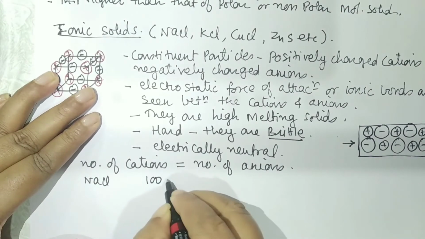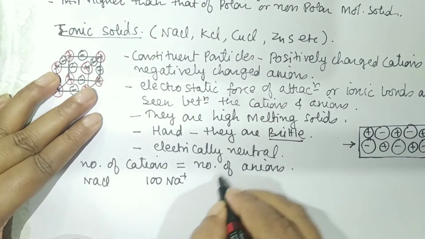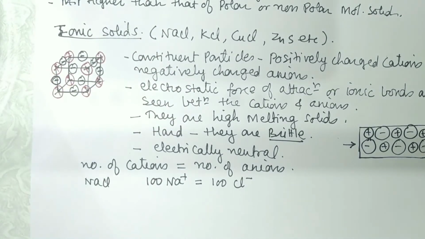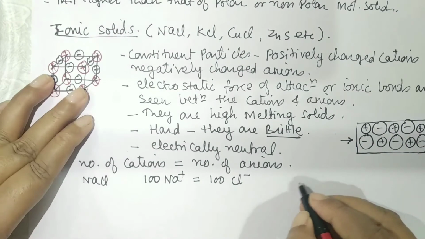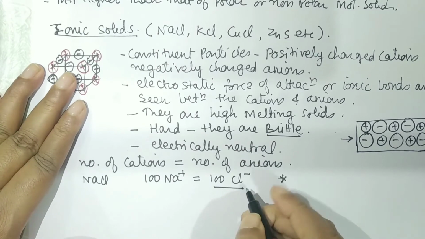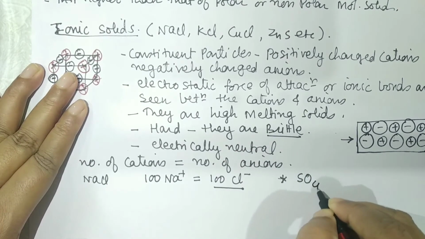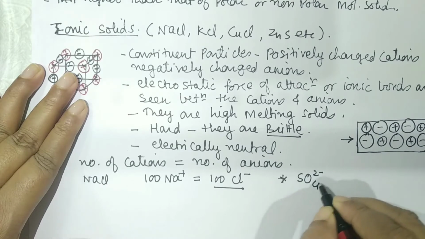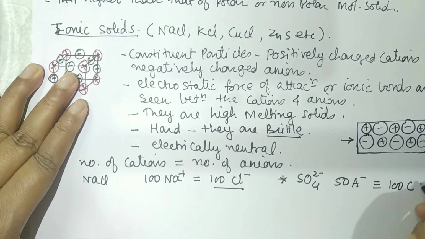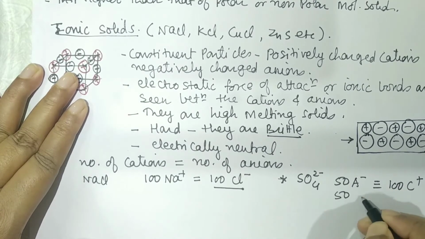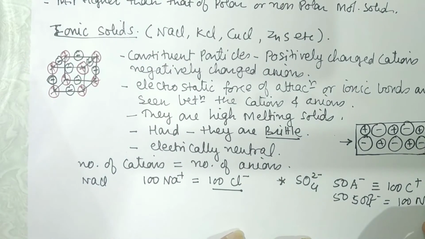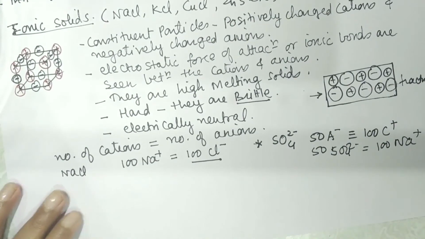If I have 100 sodium ions in this ionic solid, then I must have 100 chloride ions to maintain the electrical neutrality. Now very important to note here, if the anion is not chloride, instead it is sulfate, then you know that sulfate has a 2- charge. So for 50 sulfate anions, there must be 100 cations. It means for 50 sulfate ions, there must be 100 sodium ions in order to maintain the electrical neutrality.